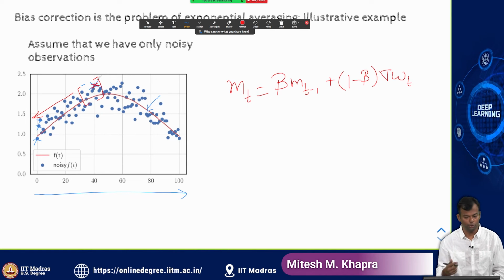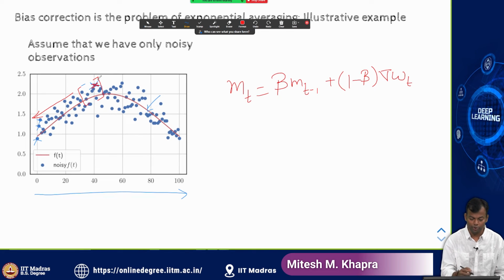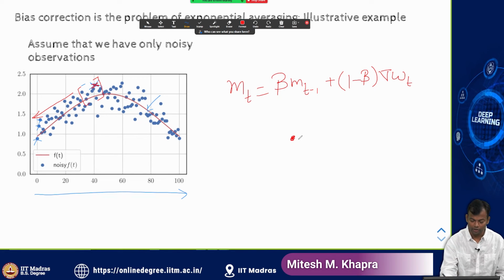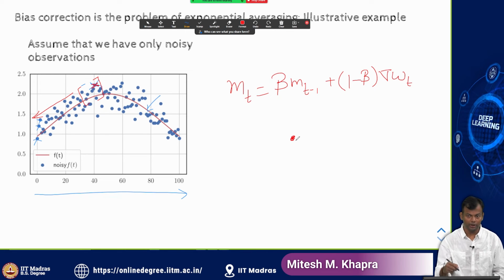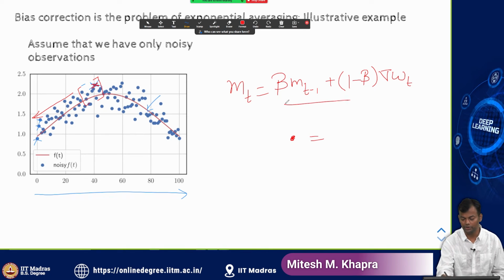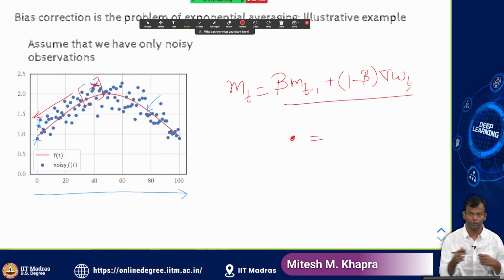Now if you don't do bias correction, what I'm going to do is that for every black point, I am going to compute the new value of that black point using this equation. That means I'm going to compute this weighted history.